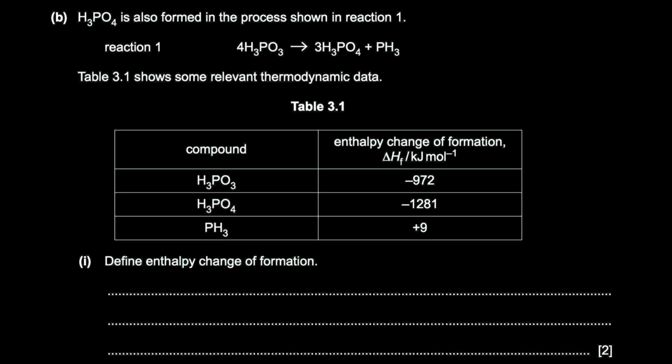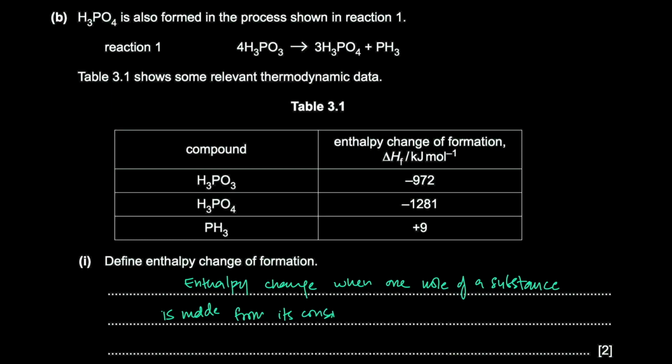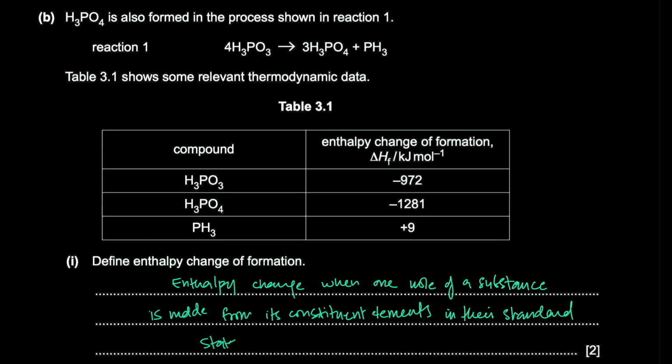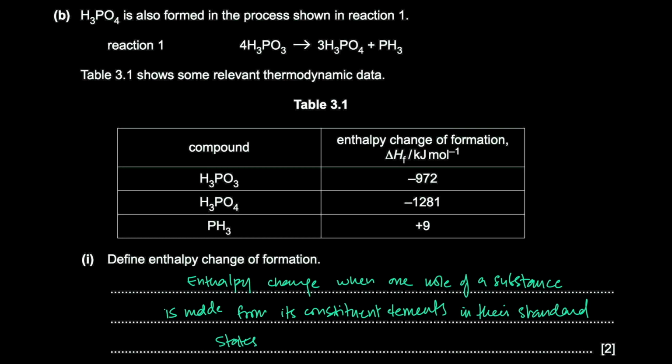The enthalpy change of formation is the enthalpy change when 1 mole of a substance is made from its constituent elements in their standard states. Their standard states are the states at 298 Kelvin and 1 atmosphere.